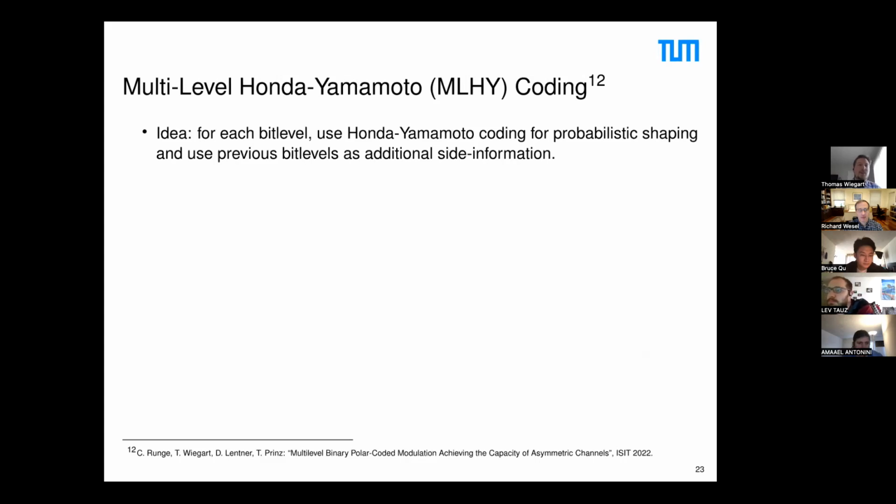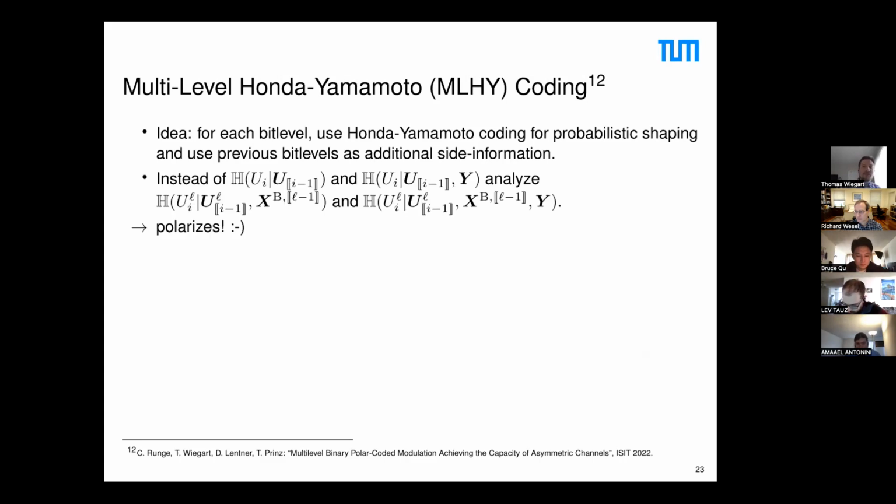And that's where multi-level Honda-Yamamoto coding comes into play. The idea that we had here is, we still use the shaping for every bit level, but we can actually use the previous bit levels as additional side information at the encoder, and then of course also at the decoder.